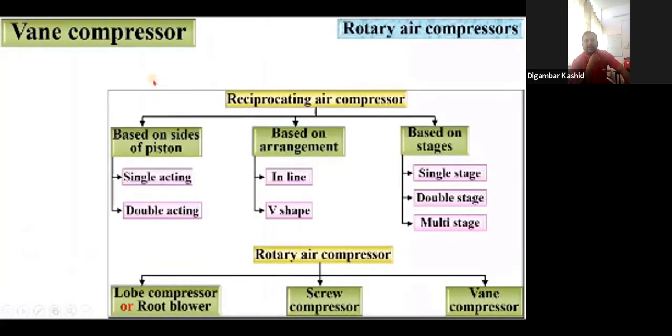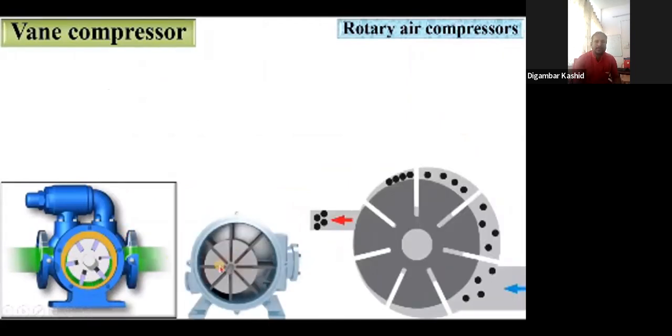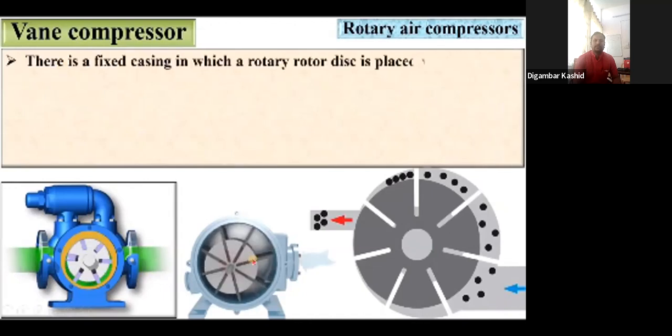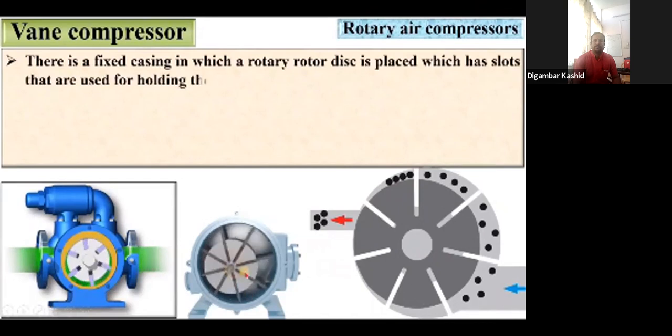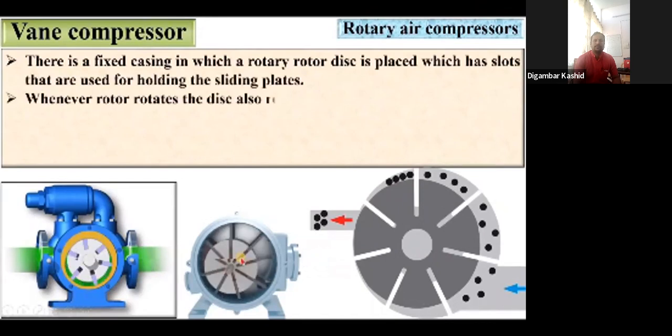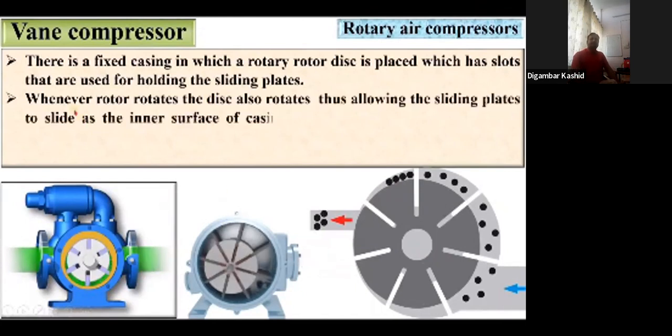Next, we have the vane compressor. In this figure you can see the animation of the vane compressor, and this is a simple figure that you can definitely use in the examination. There is a fixed casing, in which a rotary rotor disc is placed, which has slots that are used for holding the sliding plates.